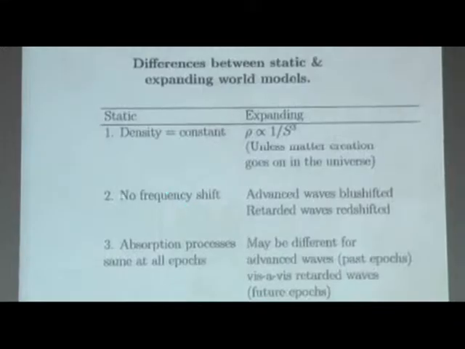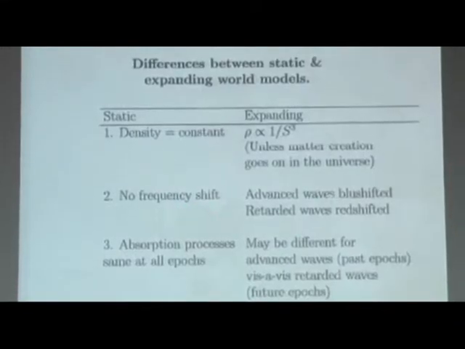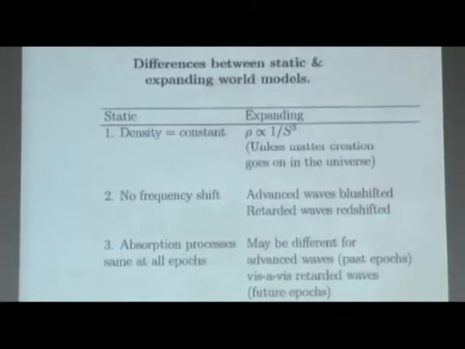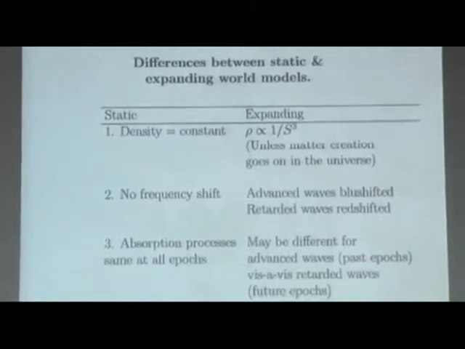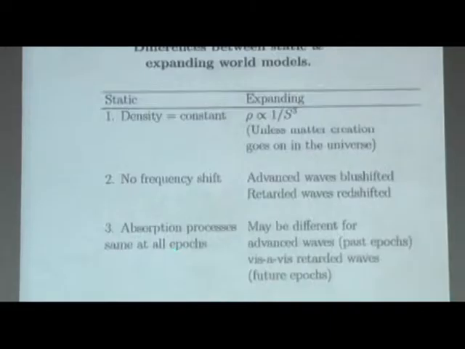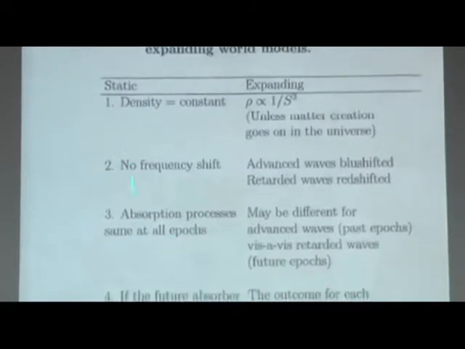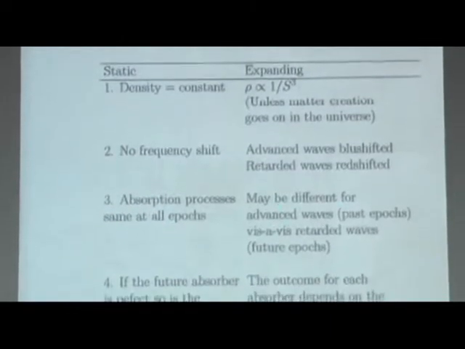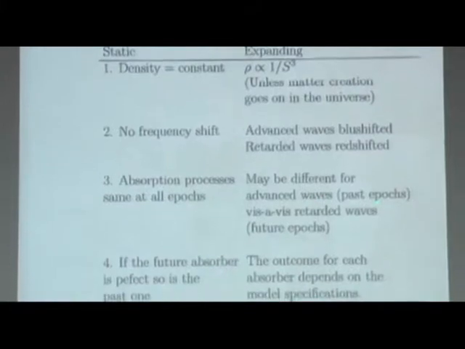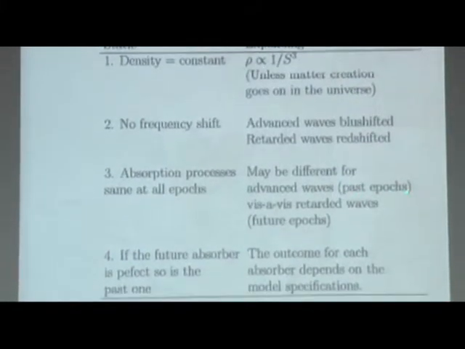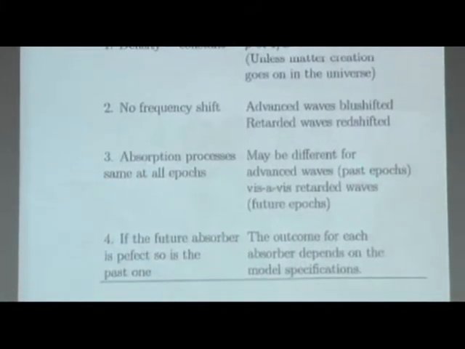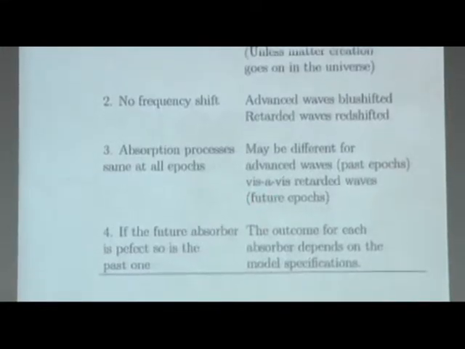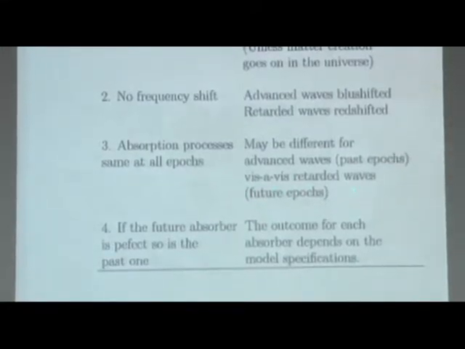No frequency shift in the static universe; in the expanding one, advanced waves are blue shifted and retarded waves are red shifted. That difference I explained. Then absorption processes are the same at all epochs in the static universe. Here they may be different for advanced waves, because at past epochs you are dealing with high energy absorption processes, and the future will be low energy ones.